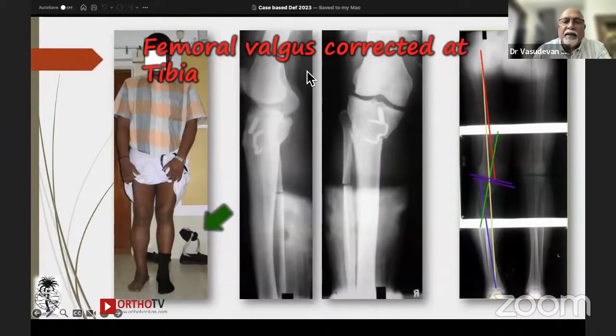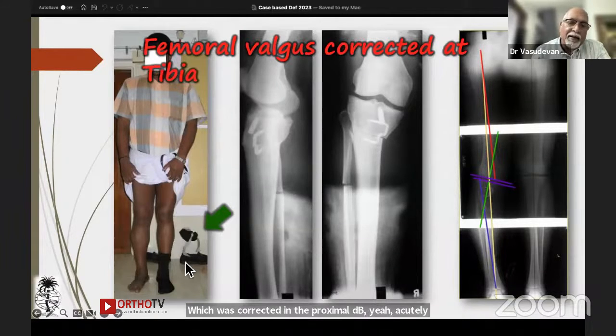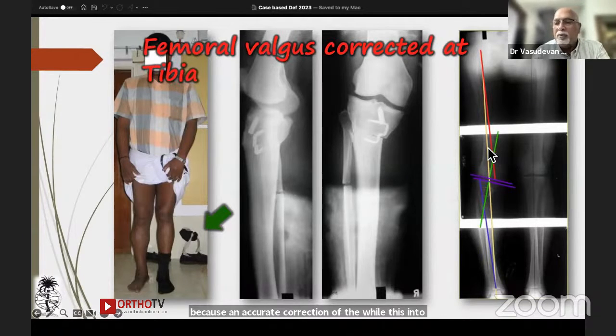The real issue was he had a distal femur valgus, which was corrected in the proximal tibia acutely and fixed like this. And in the process, he developed a foot drop, because acute correction of the valgus into varus stretched the peroneal nerve. So now he has to undergo a femur correction as well as a tibial correction.